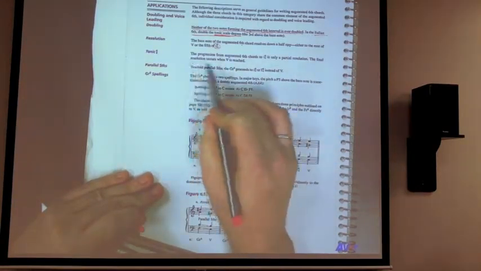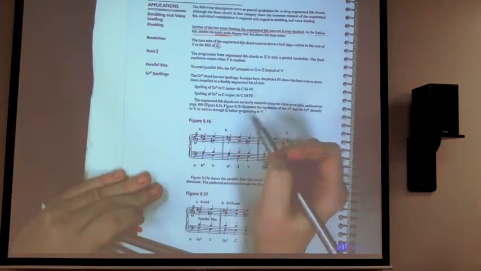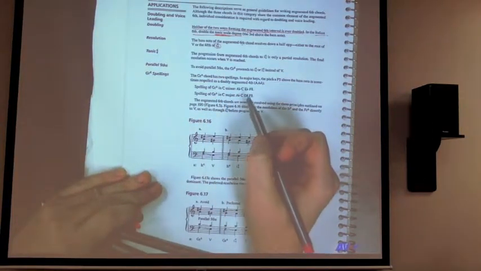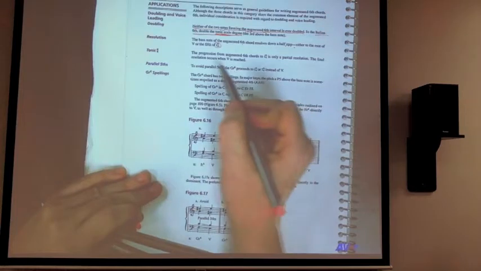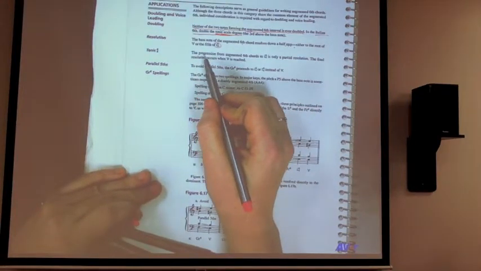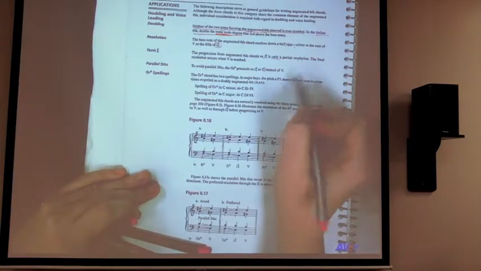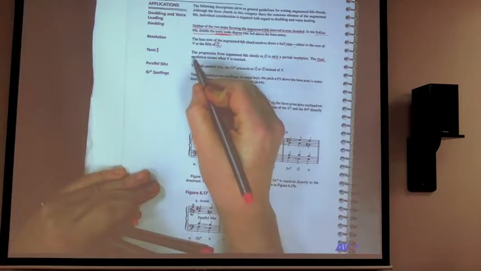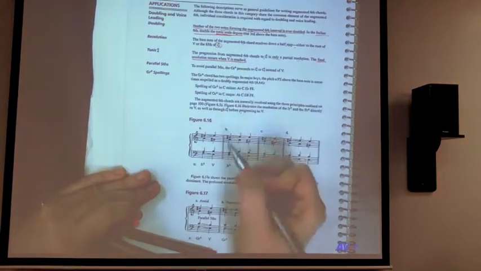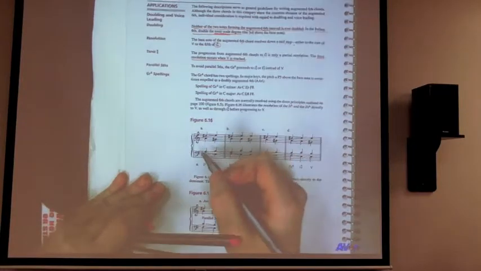So just whatever the bass note is, it's going to resolve down a half step. Usually, just by way of what key it's in, it's always a half step. Okay? The progression from augmented sixth to 1/6/4 is only a partial resolution. The final resolution chord occurs when 5 is reached. All right? So with the 1/6/4, you're only halfway there. You've got to get to 5.